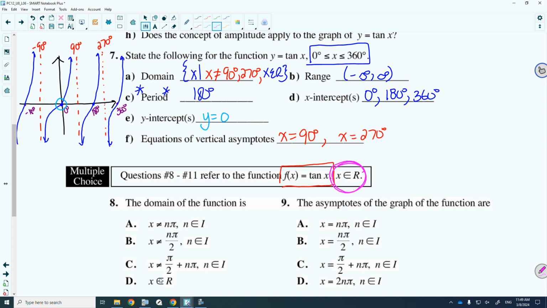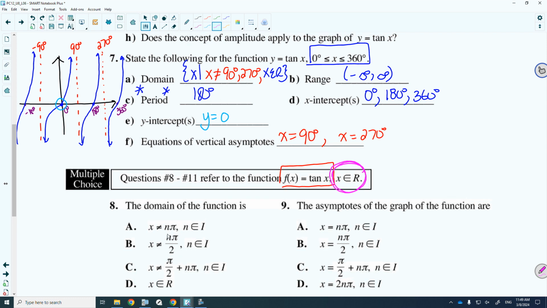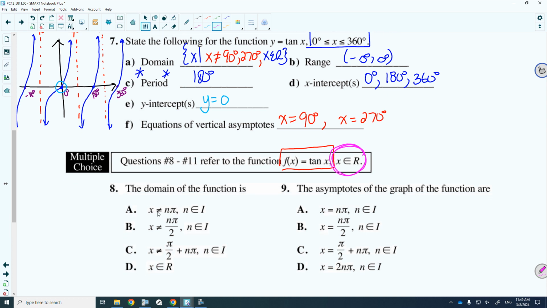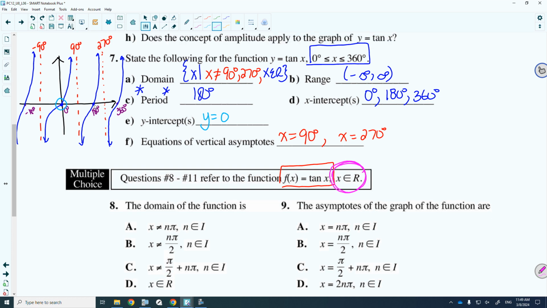Which one of these would fit the domain? This one says x cannot be equal to pi. Pi is 180 degrees. Well, x could be equal to 180 degrees, right? Those are x-intercepts. This is saying x cannot be equal to pi, and then multiples of pi.